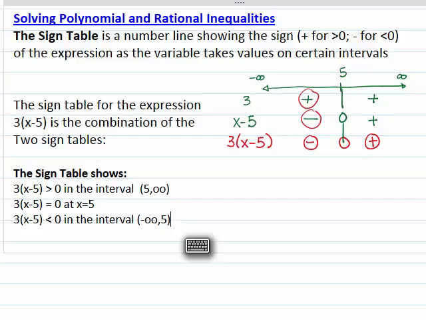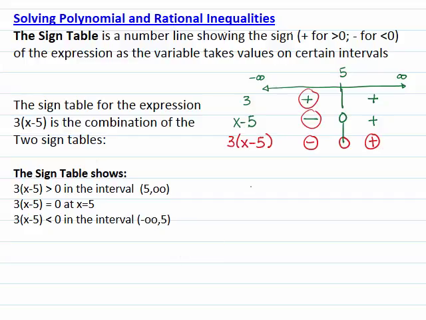If someone wanted us to solve the inequality 3 times x minus 5 less than or equal to 0, we would consider all the values of x that satisfy, which will be less than 0 and equal to 0. So the solution would have been negative infinity, comma, 5, closed.